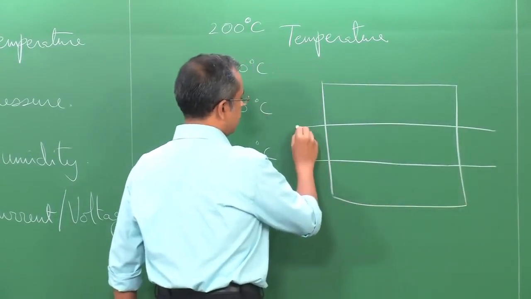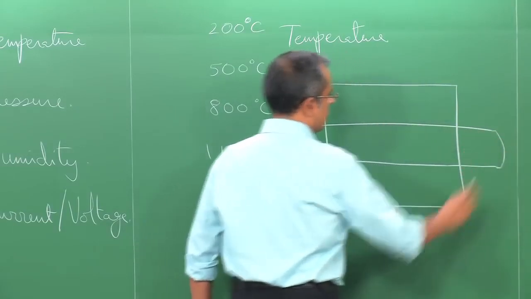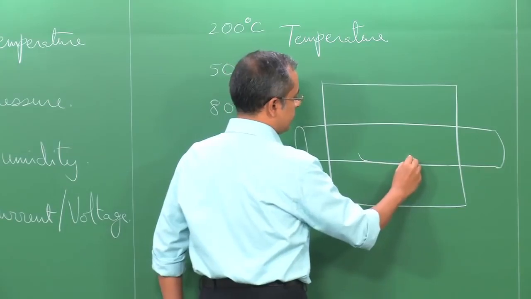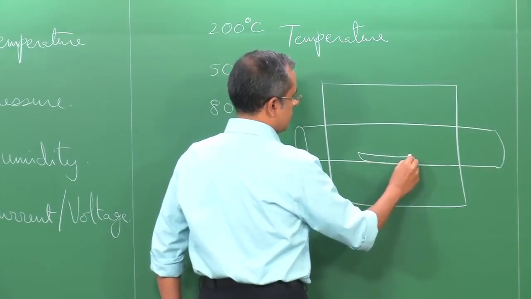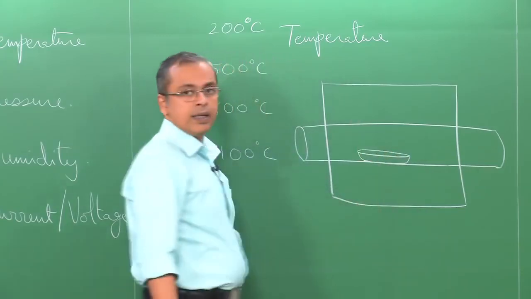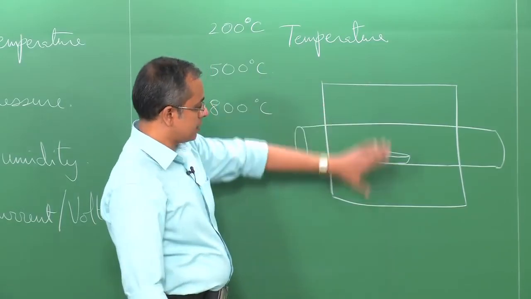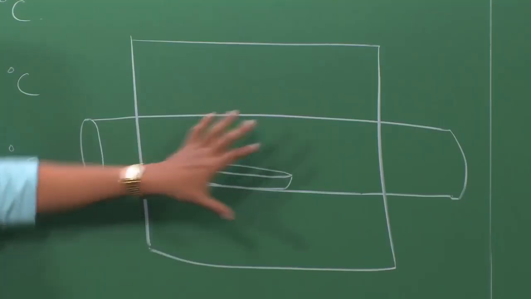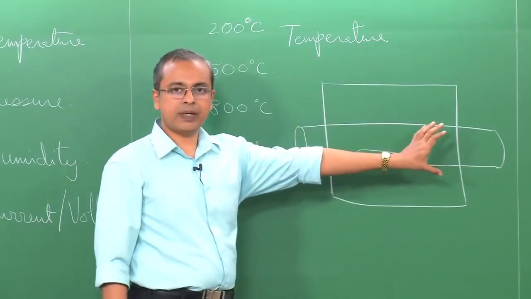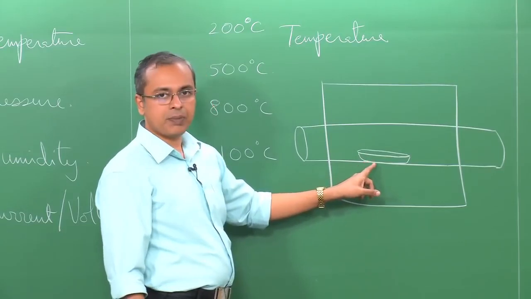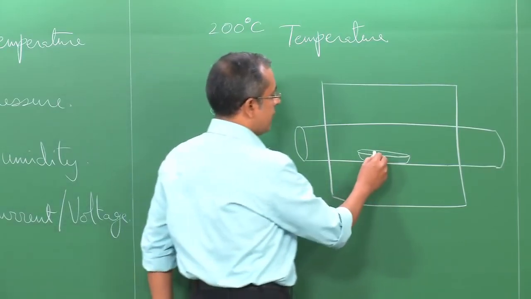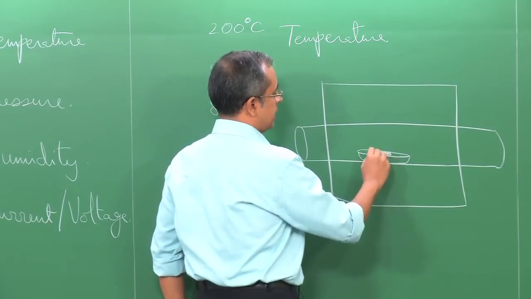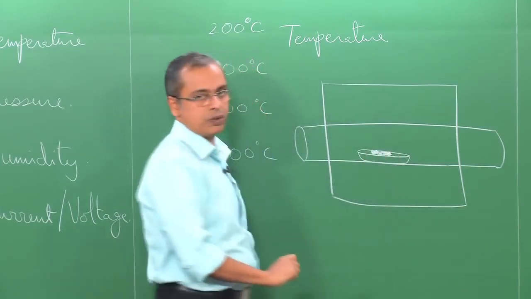So, this is a tube, and inside this you have a boat, a ceramic boat, right. So, you have a structure which has all the heating elements all around this tube. In the middle there is this ceramic tube, and in that there is a ceramic boat. The sample that you are testing is sitting in this ceramic boat.